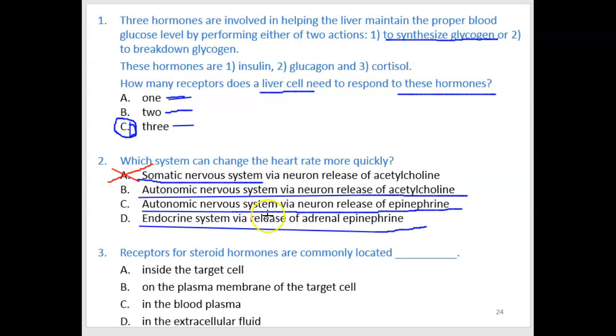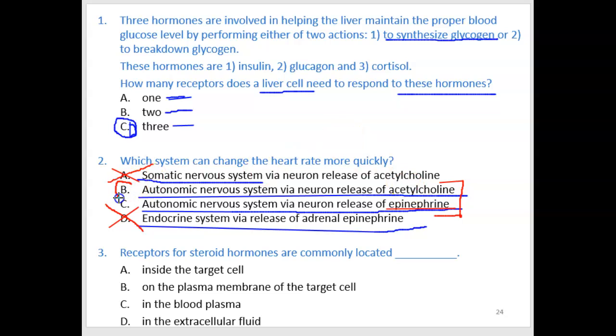And then as far as hormones versus the nervous system go, we know that hormones take the longest. So D is not an option. And now we look at the autonomic nervous system. Now the word epinephrine is probably a giveaway because that will probably increase the heart rate the quickest, but either one of these would be true.